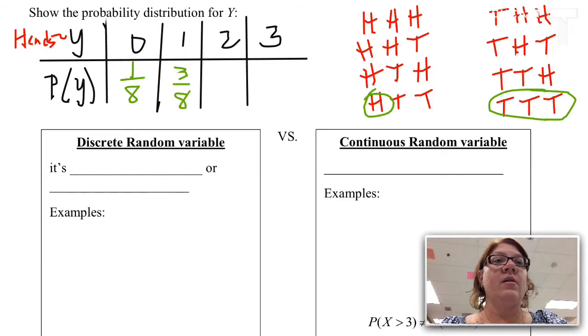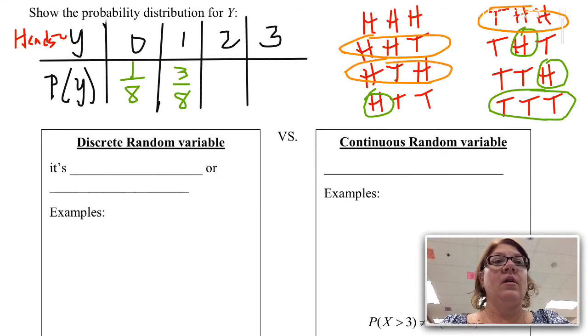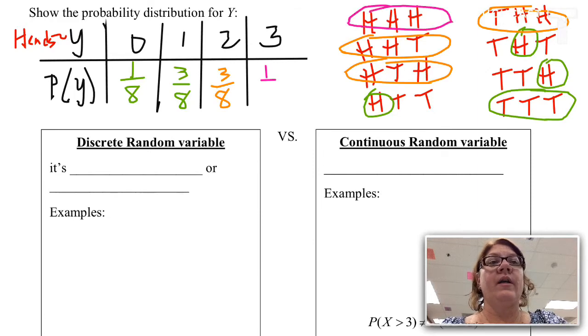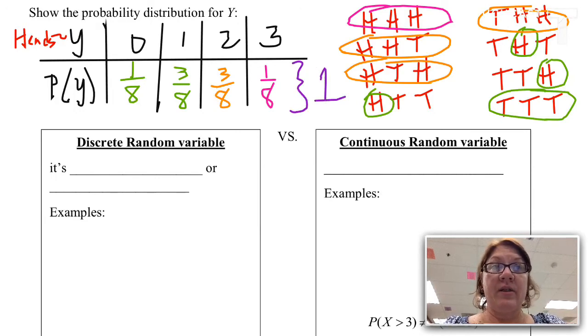So there was 1 there, there was 1 here, there was 1 here. The probability that I get 2 heads, well, I just count them up. So that's also 3 eighths. And the probability that I get 3 heads was only this first one, 1 out of 8. And again, if I want to make sure it's a legitimate probability distribution, I double check and make sure that the probabilities all add up to 1, the entire sample space.